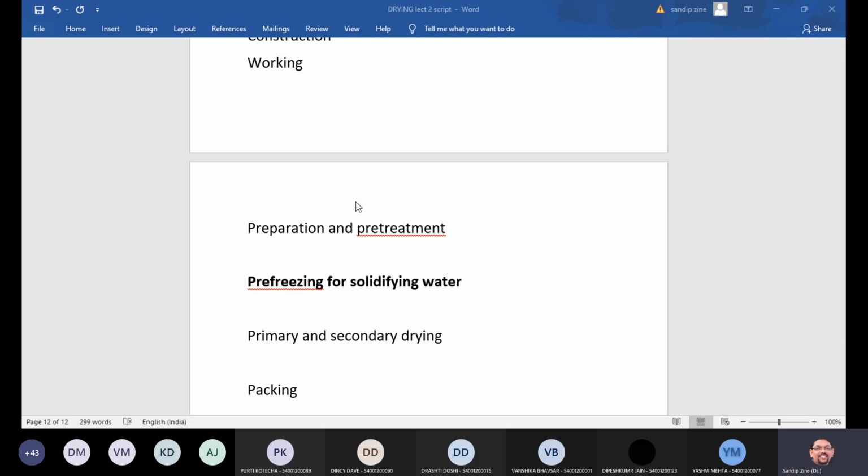So the temperature at which the product is lyophilized is balanced between the temperature that maintains the frozen integrity of the product and the temperature that maximizes the vapor pressure of the product. So this balance is the key for optimum drying.